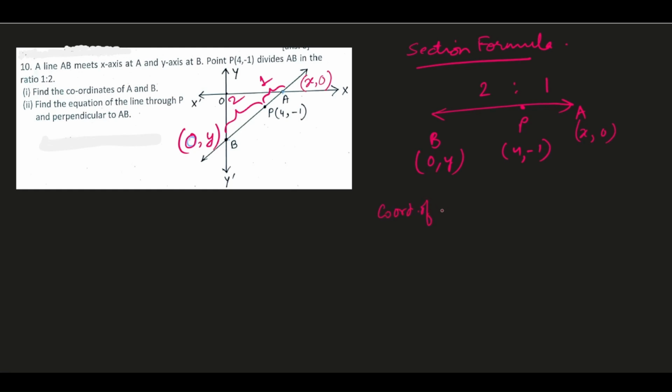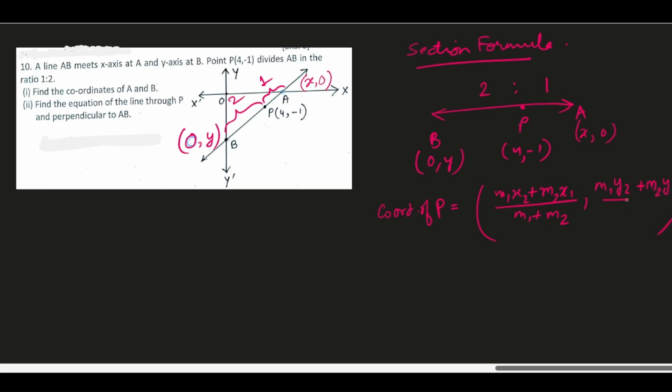coordinates of P will be equal to, in place of x we will write (m1 x2 + m2 x1) divided by (m1 + m2), and for y we will write (m1 y2 + m2 y1) divided by (m1 + m2).